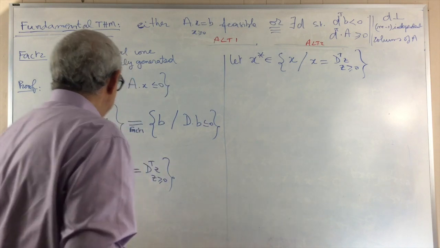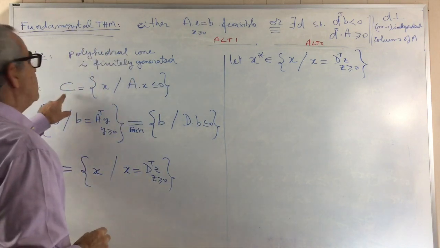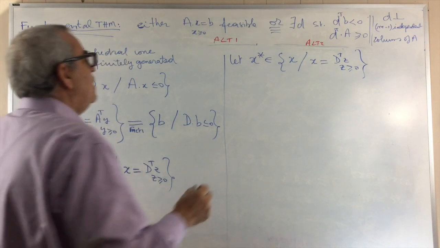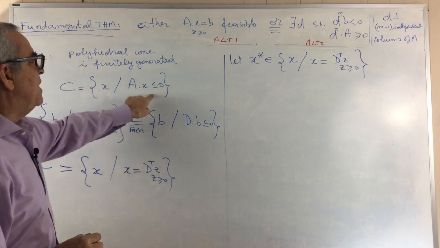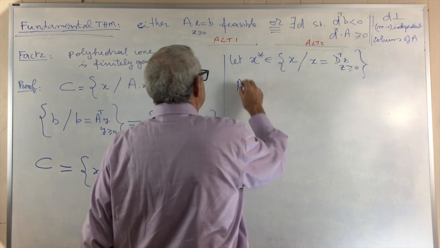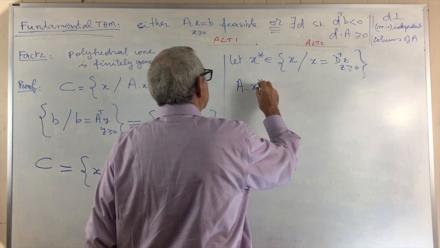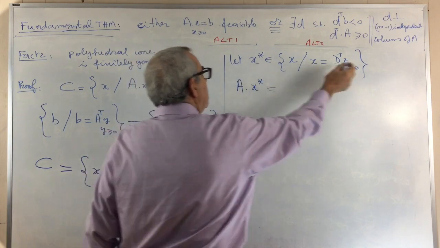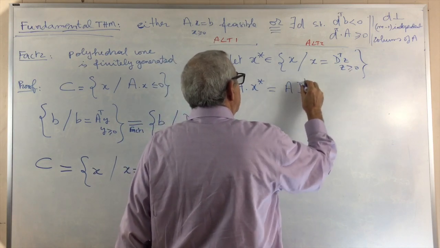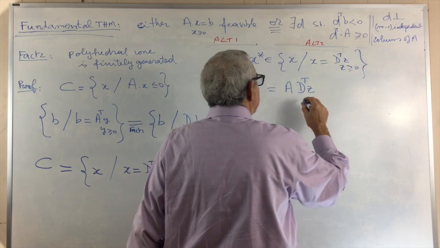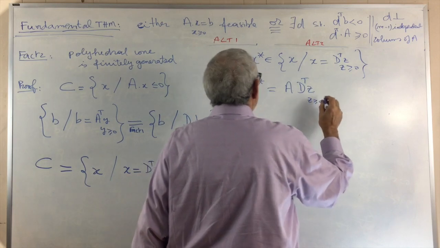And I'm going to show that X star belongs to C. To show that X star belongs to C, I have to compute A dot X star. So let's compute A dot X star. That's equal to A times D transpose Z, for some Z greater or equal to 0.